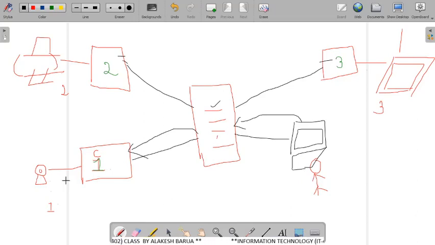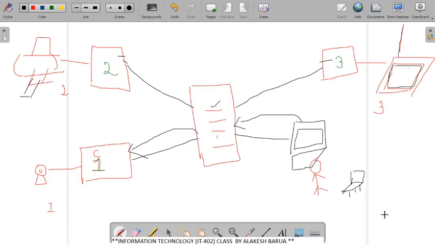Let's say the person is seated on a chair and is very lazy. He does not want to move. Then, by sending another command from computer to computer, he can print the picture.